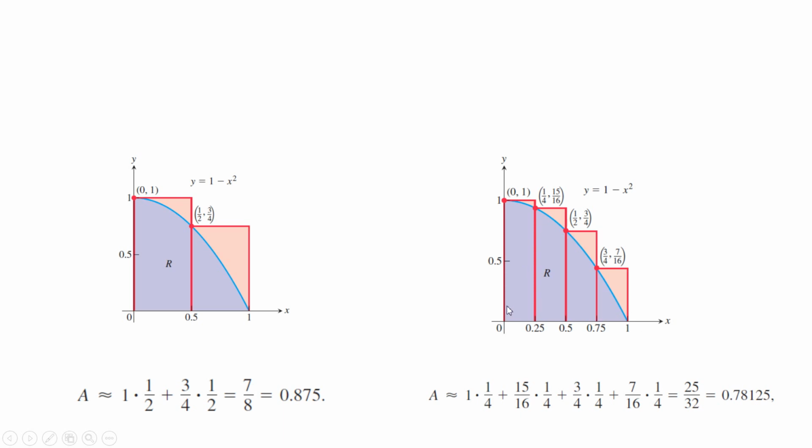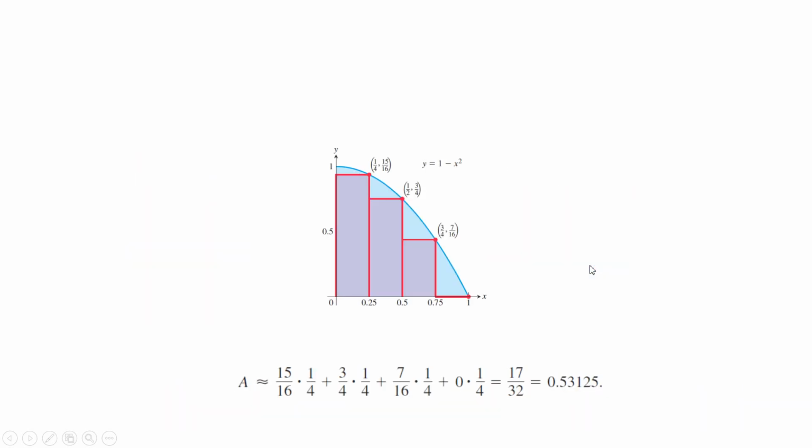So every time the maximum value of the function lies on the left point of the interval, right? If the function is increasing, then this process will reverse. The maximum value of the function will lie on the right point of the interval. Such a type of sum is called an upper sum. Now this is called a lower sum.